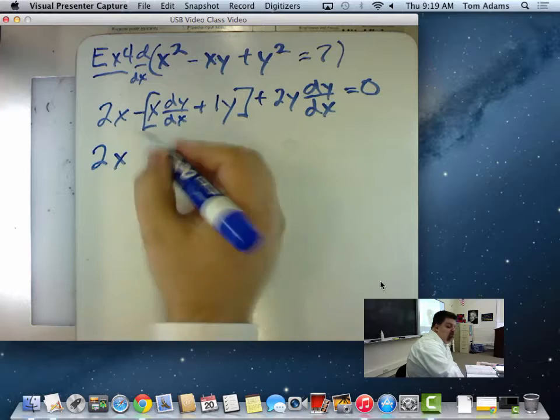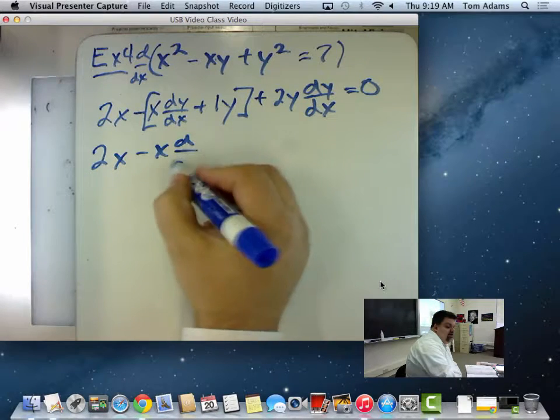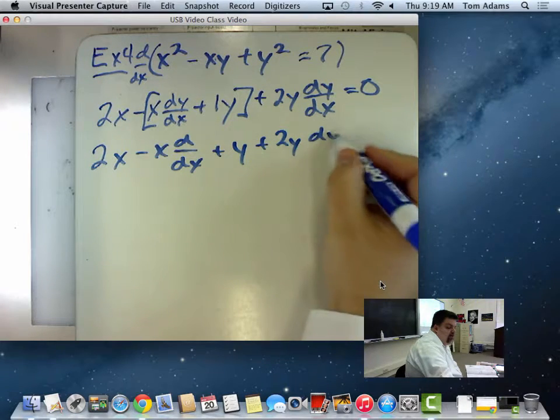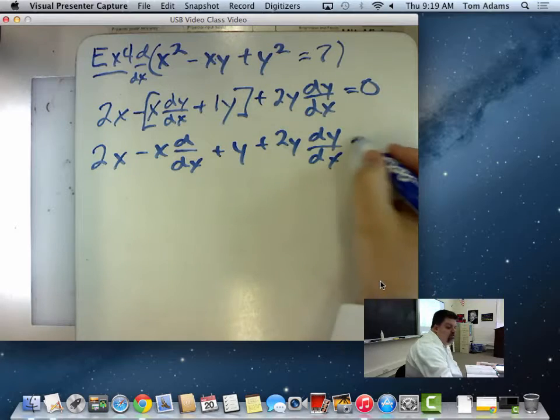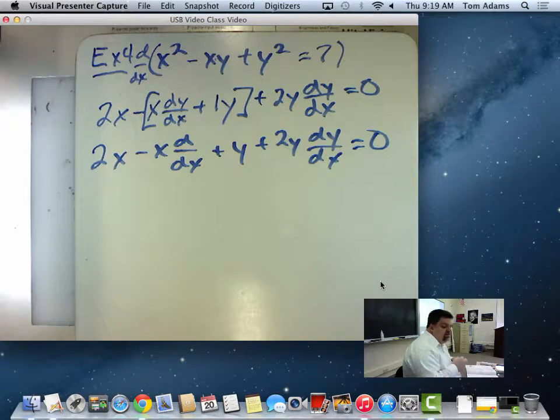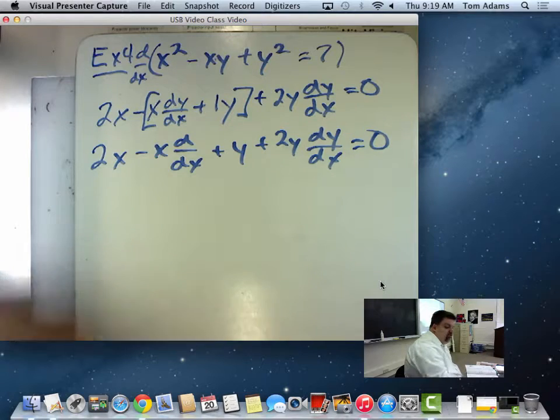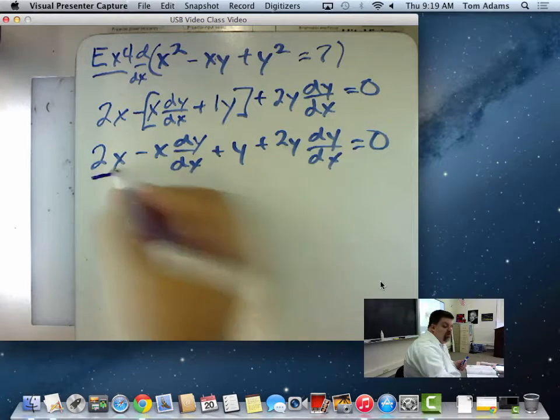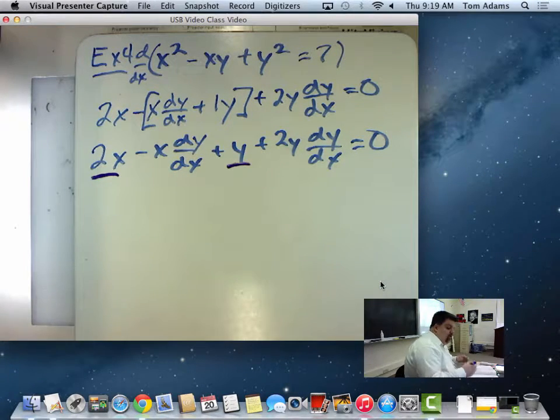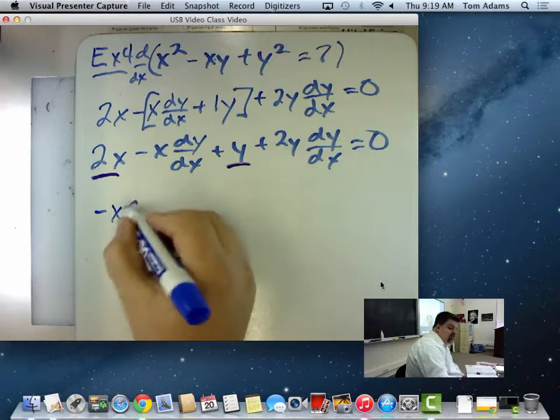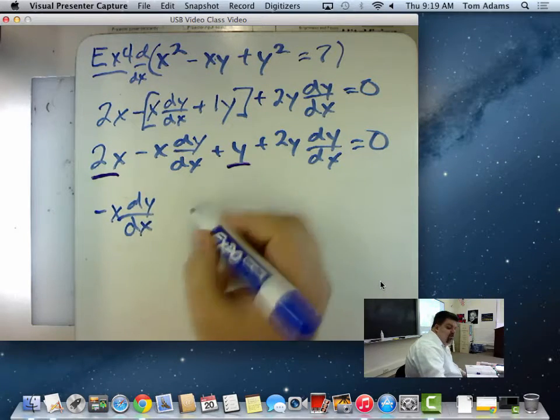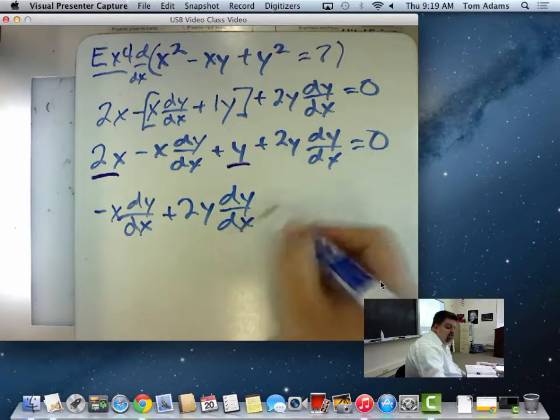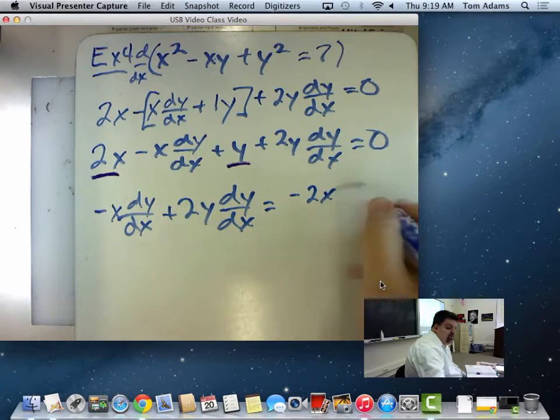So I've got 2x minus x dy dx plus y plus 2y dy dx equals 0. So now any term that doesn't have a dy dx in it has to move over to the other side of the equal sign. So what I really have is minus x dy dx plus 2y dy dx is equal to negative 2x minus y.